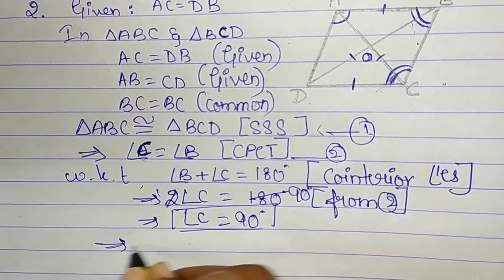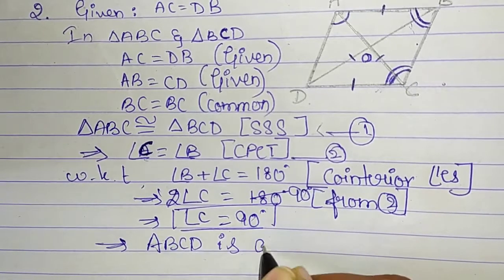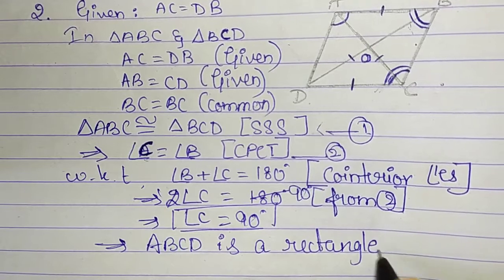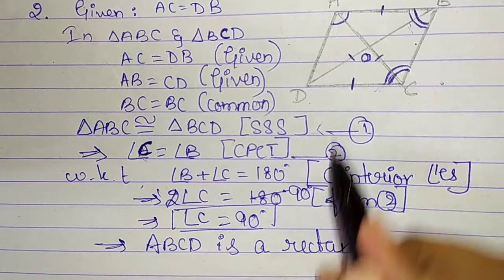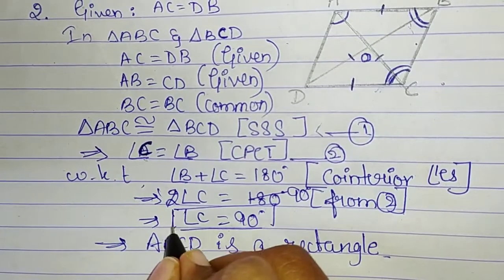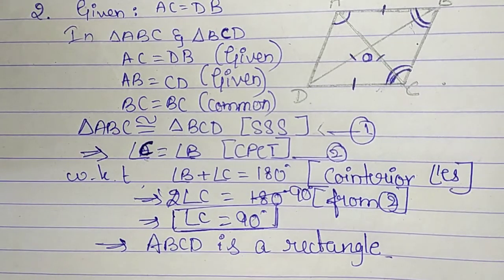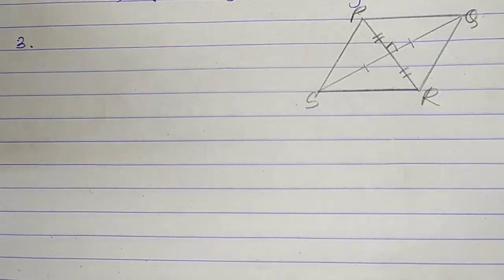So this implies ABCD is a rectangle by definition. Definition says a parallelogram with one angle equal to 90 degrees will be a rectangle. Similarly, here we have a parallelogram whose one of the angles is equal to 90 degrees. So ABCD is a rectangle. That is the solution for this question.